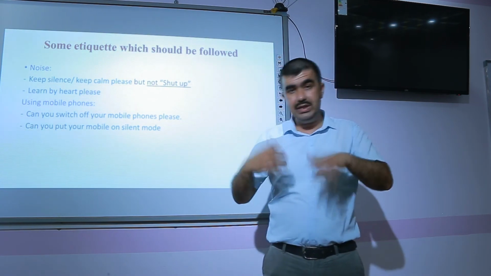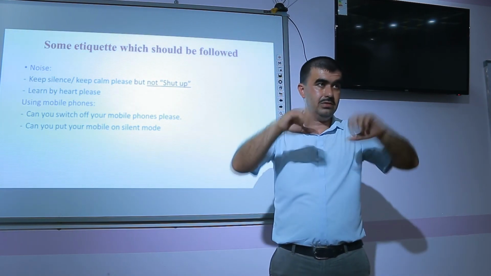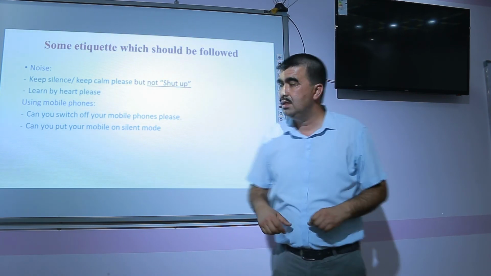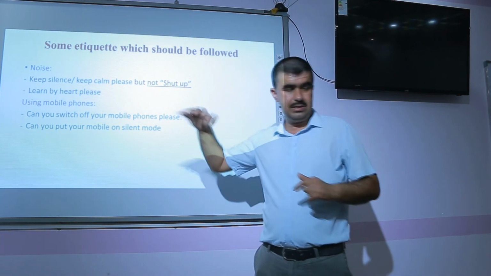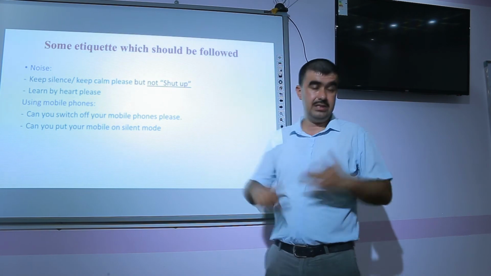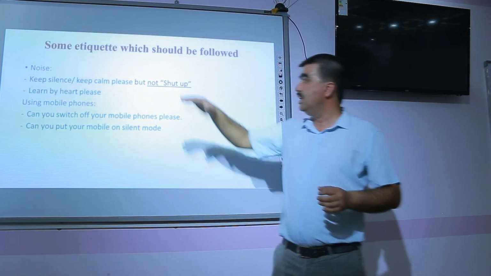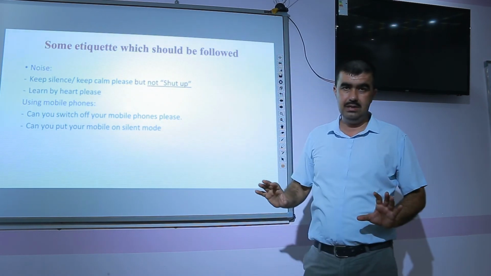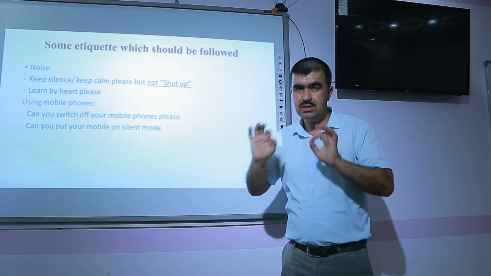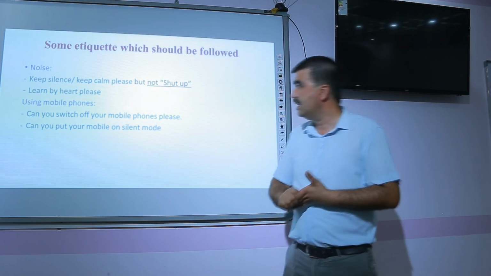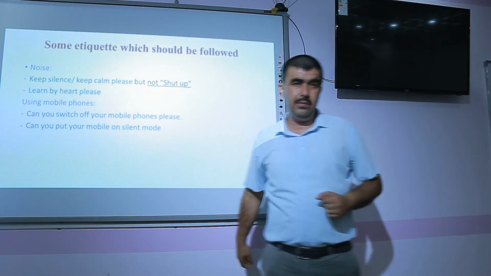Someone is reading, or the whole classroom is reading a text, and there is a little noise. In this case, the teacher should say read quietly please, or read silently please. It means read slowly and silently. And using mobile phones is a very big problem.